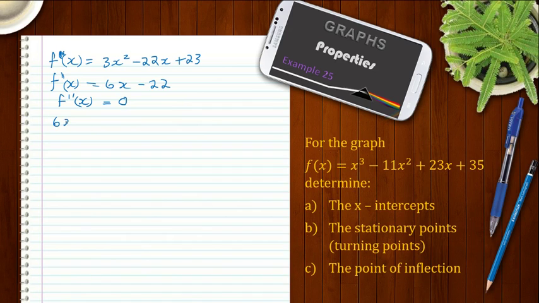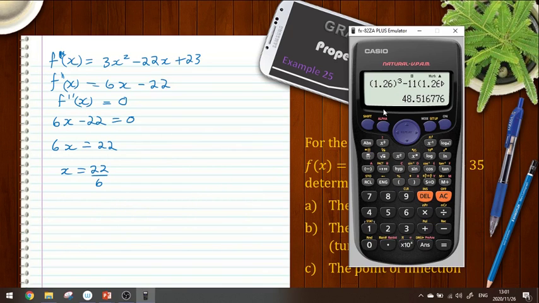So I say 6x minus 22 equals 0 and solve for x. So 6x equals 22 and x equals 22 over 6. Then just to get the y value, we can substitute that value into the original graph.